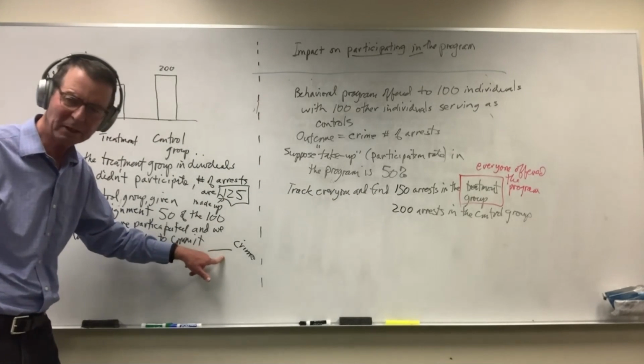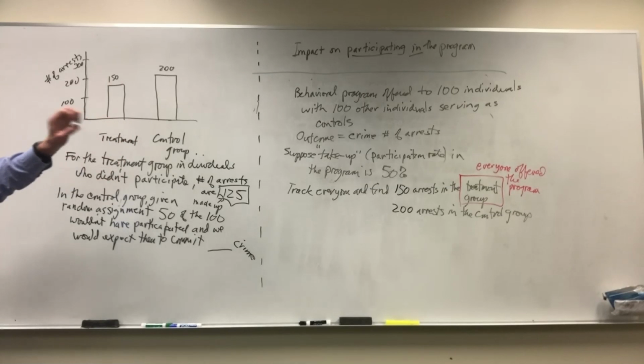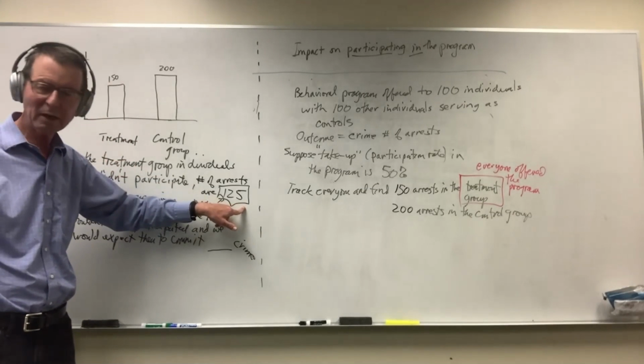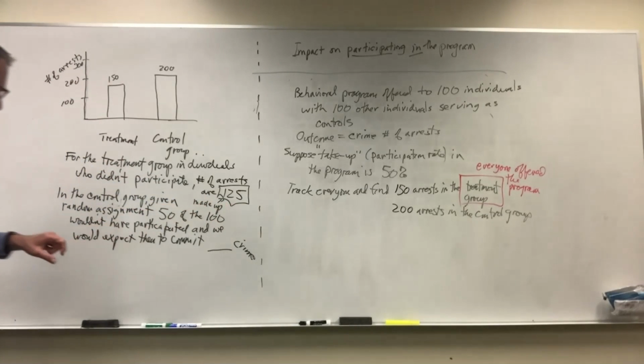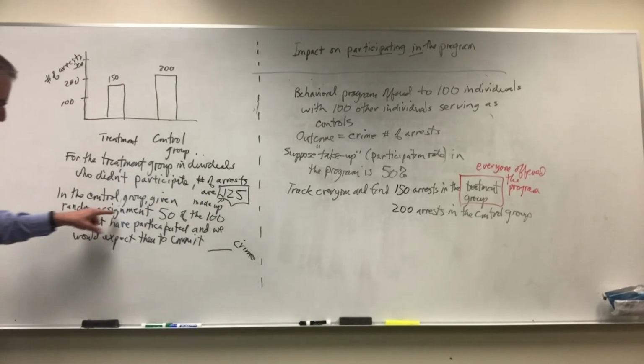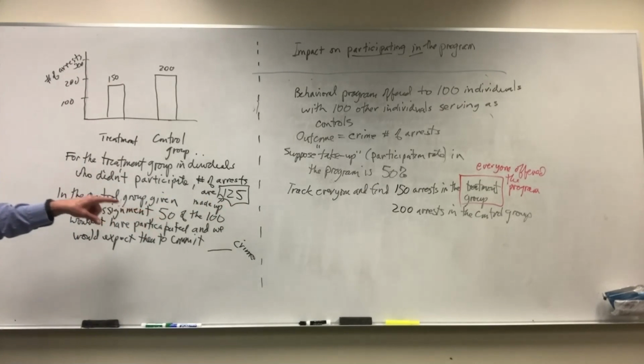So anybody else filling in this blank? I'm saying we know in the treatment group, because we can observe who participated and who didn't, that the people who didn't participate were arrested 125 times. So if we've got balanced groups, we would expect that 50% of the control group wouldn't have participated if they had a chance.